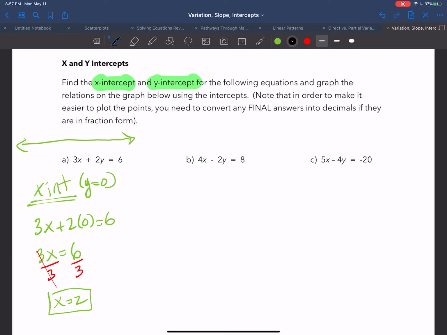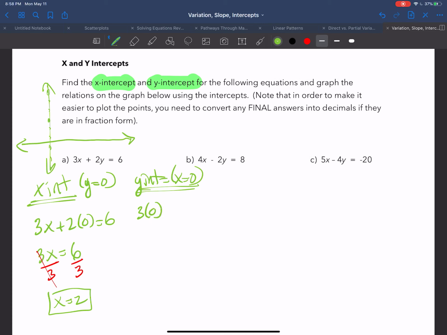Now to find my y-intercept, I make x equal to 0, because if this is my y-intercept, anywhere along here, I'd have 0, something, whatever y is. So 0, 4, or 0, 7, or whatever it is. So I make x equal to 0.